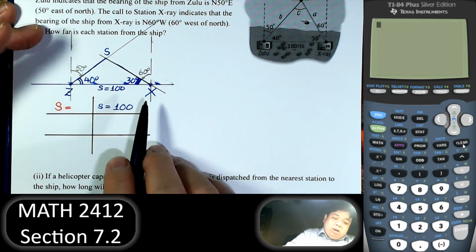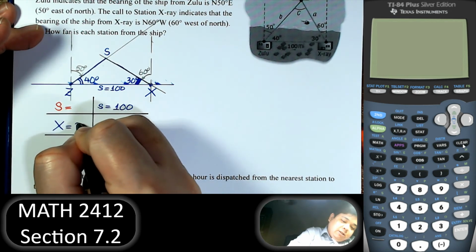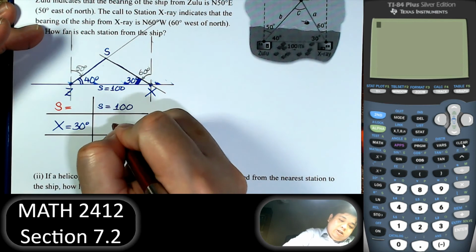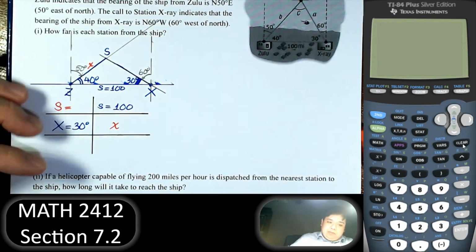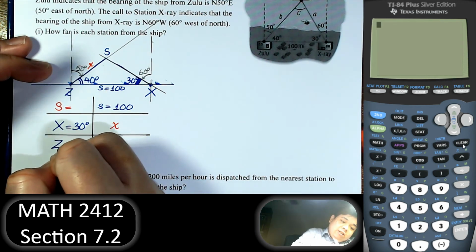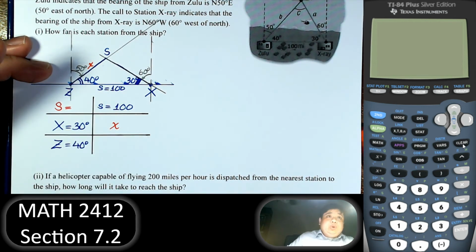In alphabetical order, we know angle X, 30 degrees, and do not know x. We know angle Z, 40 degrees, and we do not know z.